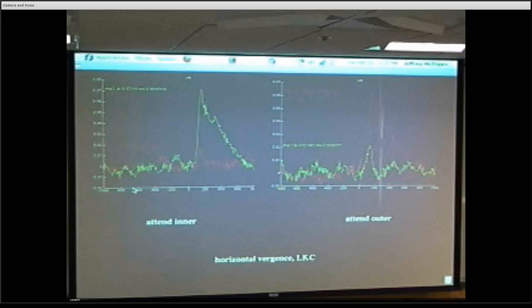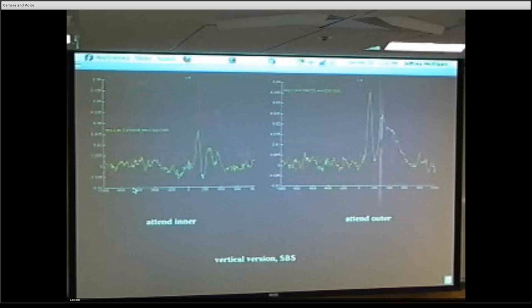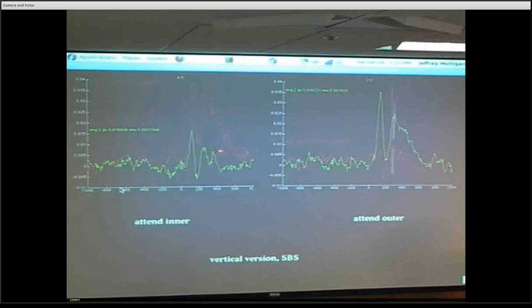And second subject, same thing. And then here is vertical version. And here it's interesting that there are a lot of oscillations on this response. And we remember that for the cases we've looked at before, the vertical signal didn't have the negative undershoot.